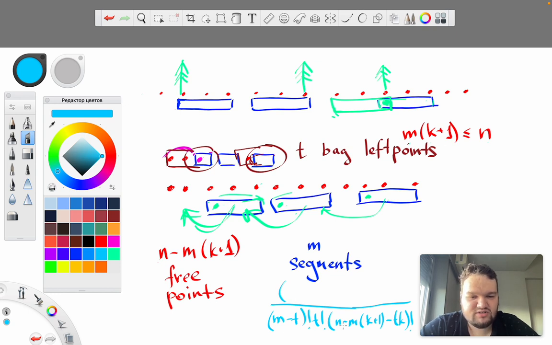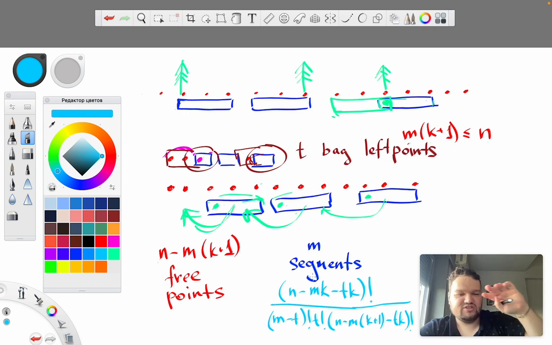The sum of these is m, and we have m here, so it's n minus m k minus t k factorial. That's our multinomial coefficient.